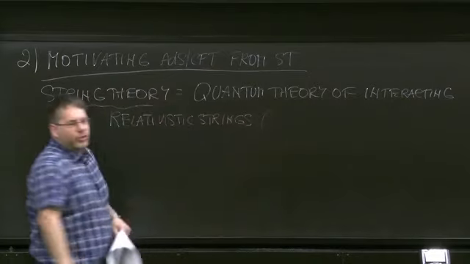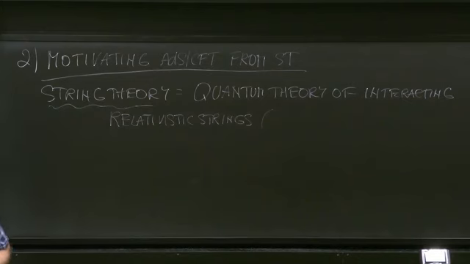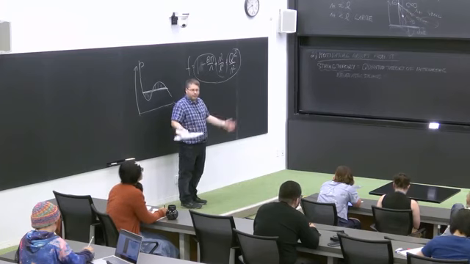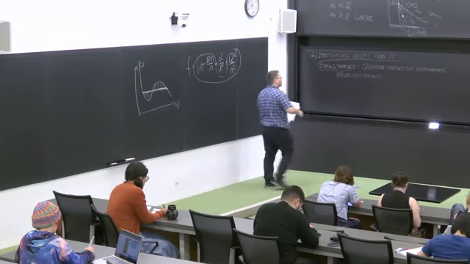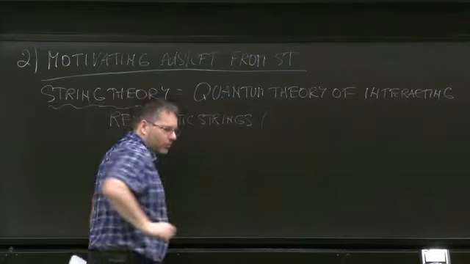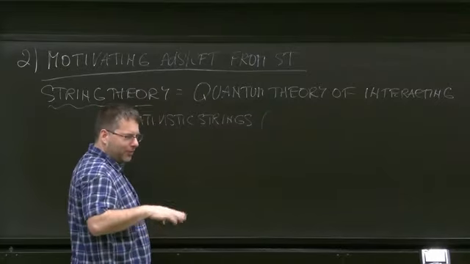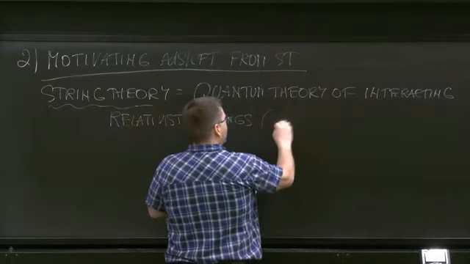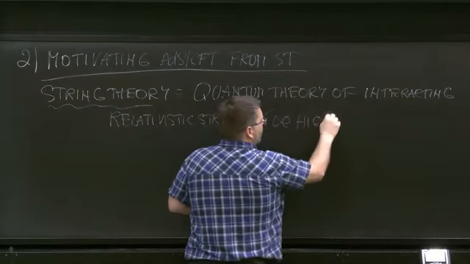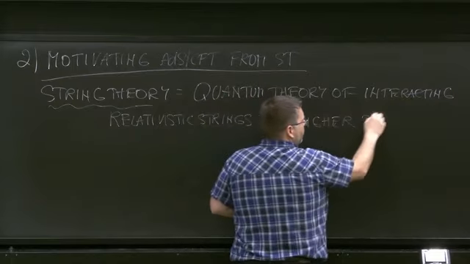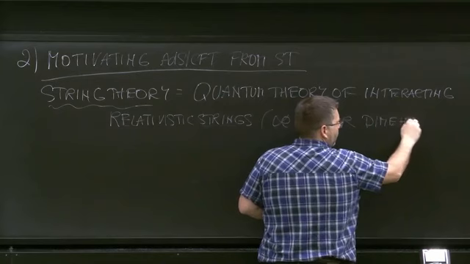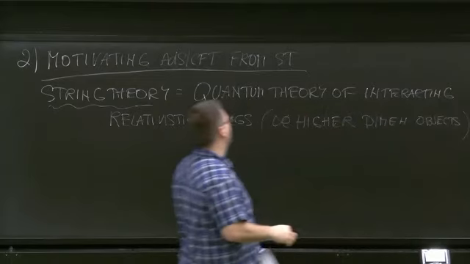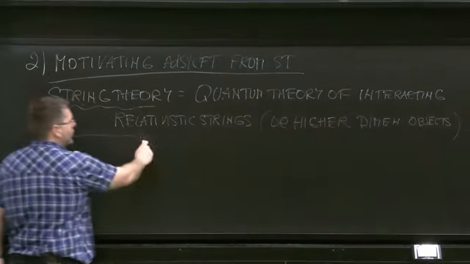But then it was discovered later that actually it's not only the strings which are there, but also higher dimensional objects like branes and stuff like that. So it's not only relativistic strings. String is a one-dimensional object, but you can have higher dimensional objects. Okay? And that's what it is.